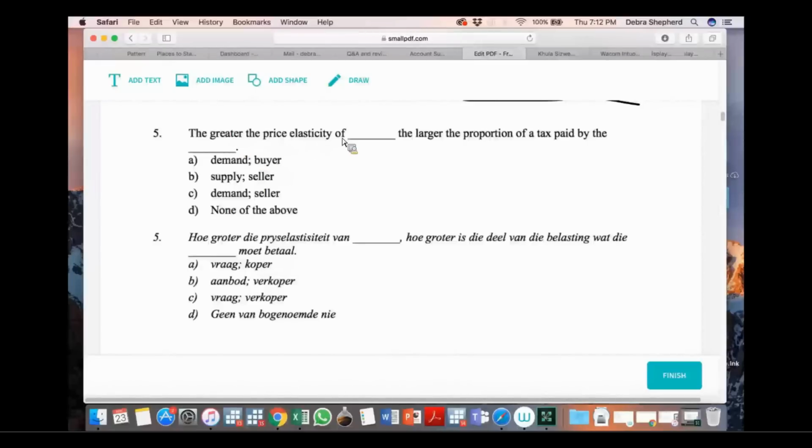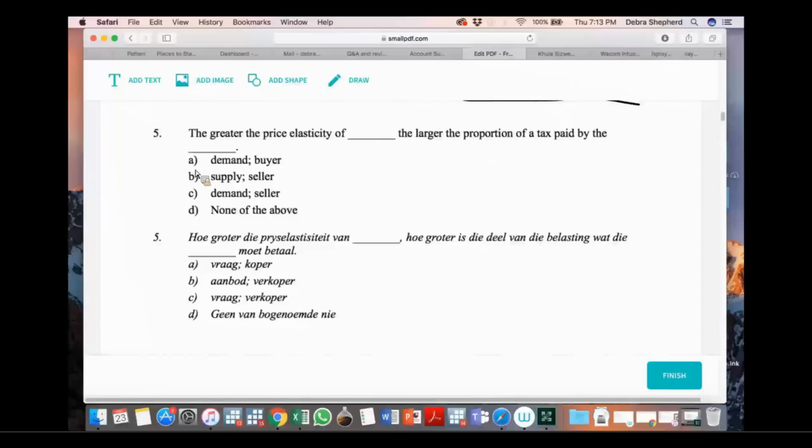So the greater the price elasticity of demand, that would mean buyers are very responsive to price changes. So if buyers are very responsive to price changes, they actually will not be able to have the tax put onto them because that would then result in a very dramatic drop in quantity purchased.